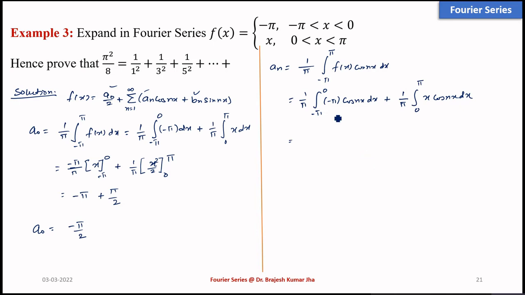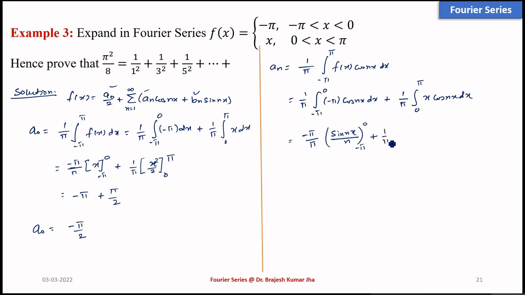Okay. So again, minus pi by pi you can take outside, minus pi by pi or minus 1 you can take. Integration of cos nx is sine nx by n, and the limit will be minus pi to 0.